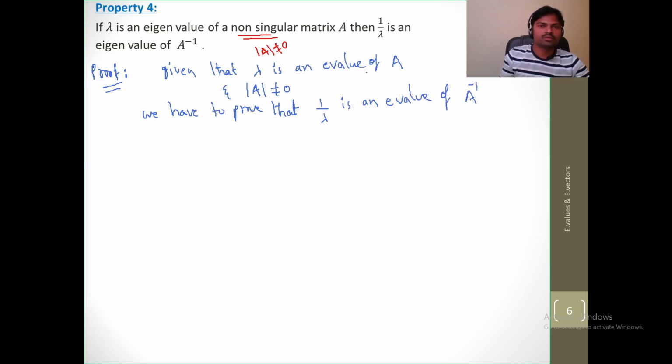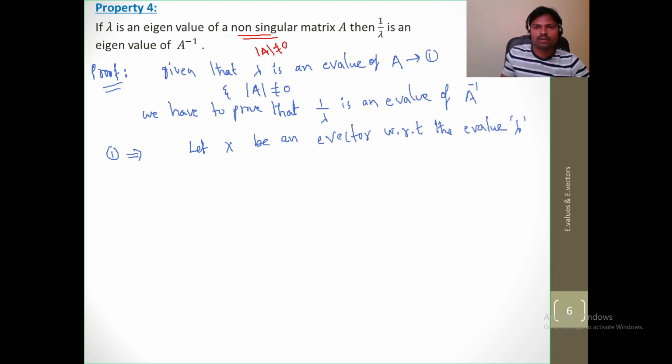Okay, let us call this 1. From 1, lambda is an eigenvalue of A, therefore let x be an eigenvector with respect to the eigenvalue lambda.